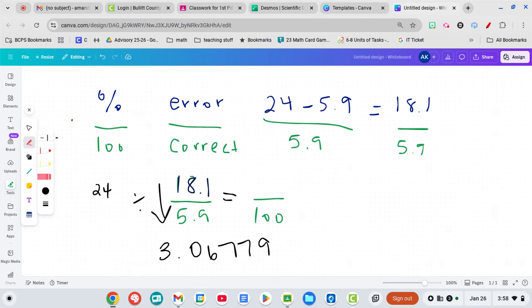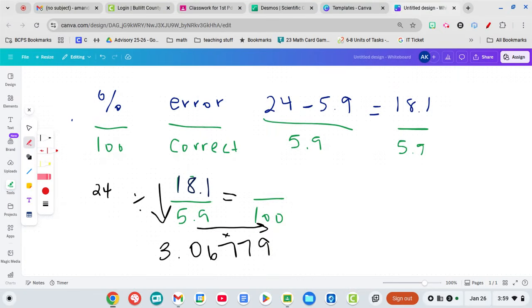Now I know that that's how many times bigger the bottom number has to get to become the top number. So then I can take that and multiply by 100. So I'm going to take 3.06779 and I'm going to multiply by 100.